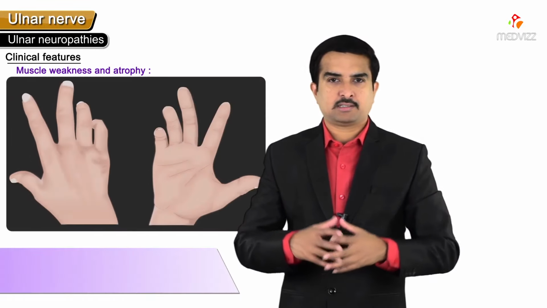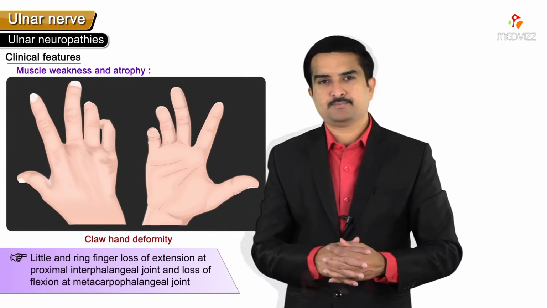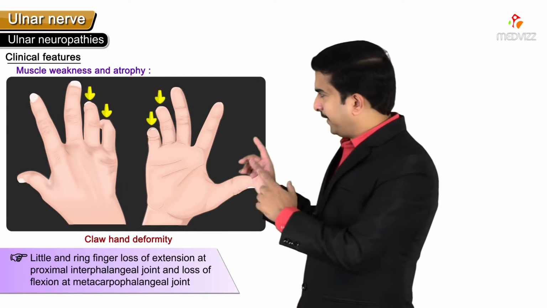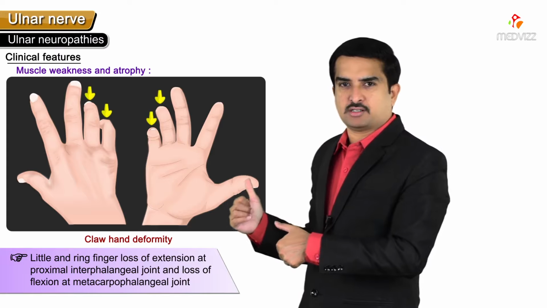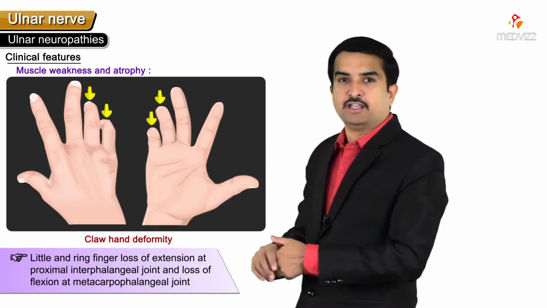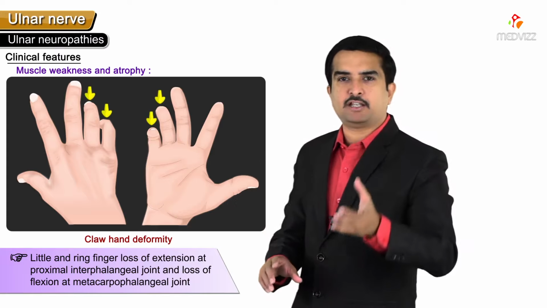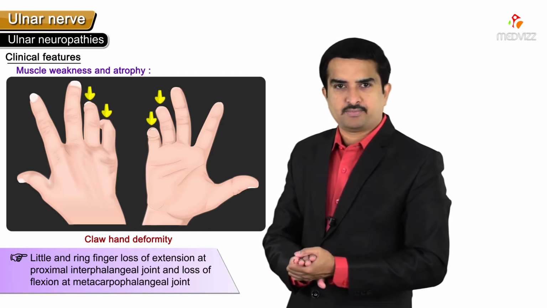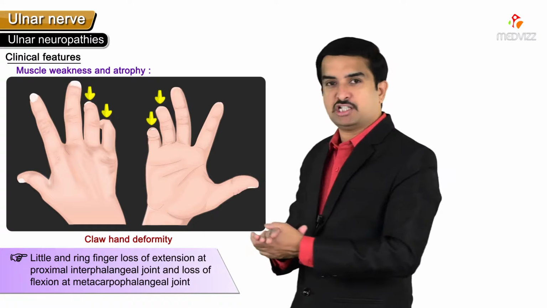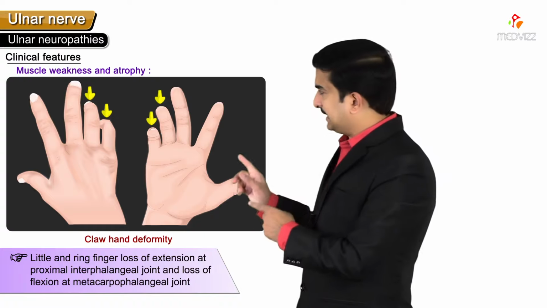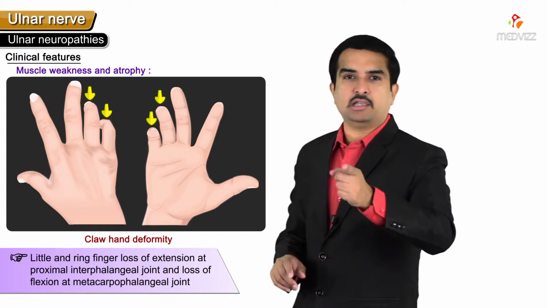Now we have to discuss a phenomenon called claw hand deformity. When we see the little and ring fingers here, there will be a loss of extension at the little and ring fingers at the proximal interphalangeal joint and loss of flexion at the metacarpophalangeal joint. This is why we will see the ulnar claw hand.